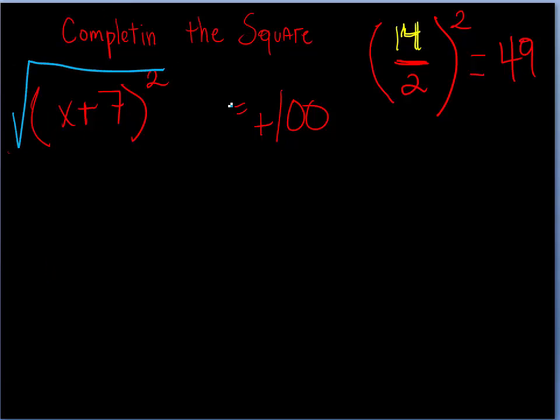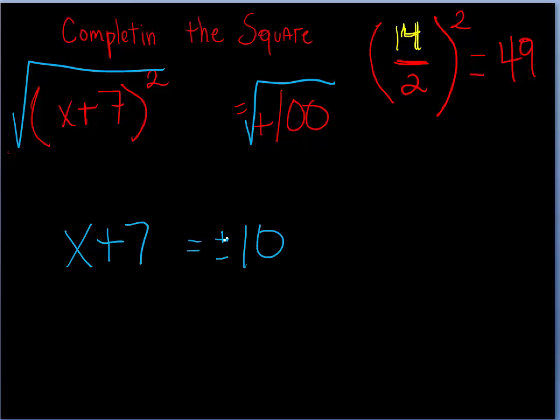I take the square root of both sides. The left side is going to become x plus 7. The right side is going to become plus or minus 10 because positive 10 times itself can equal 100 and negative 10 times itself can equal 100. My last step is to get x by itself.